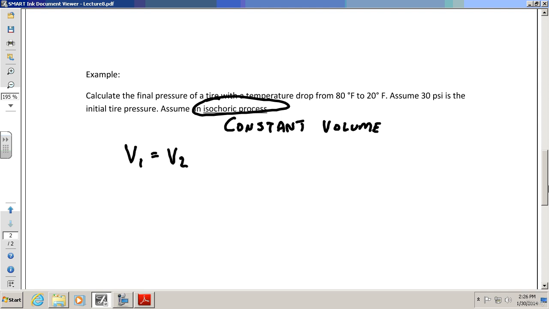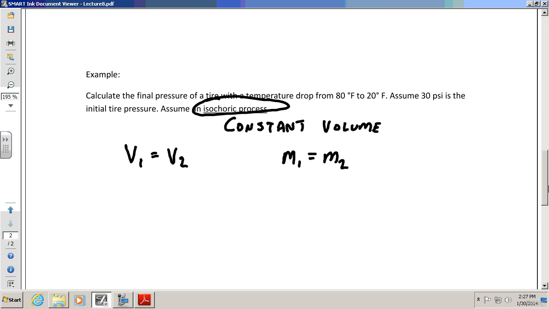Obviously, if we're looking at what's inside our tires, I think you all could agree that this assumption also would make a lot of sense: M1 equals M2. That the mass inside the tire, we hope you don't have a leak in your tire. We're assuming the mass inside the tire at 80 degrees Fahrenheit is the same as the mass inside the tire at 20 degrees Fahrenheit. It's not leaking.